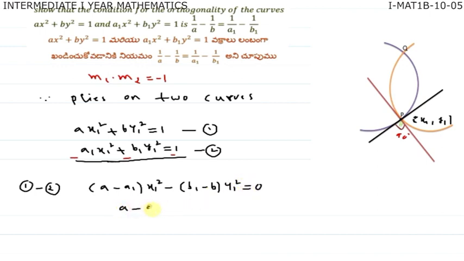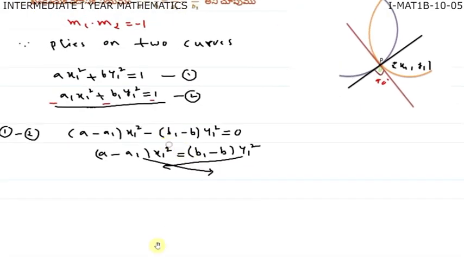Now I will get a minus a1 into x1 square is equal to b1 minus b into y1 square. Now bring this y1 square to this side and this term to this side. From this you will get x1 square divided by y1 square is equal to b1 minus b divided by a minus a1. This is the third equation.